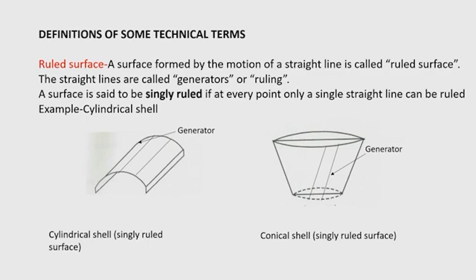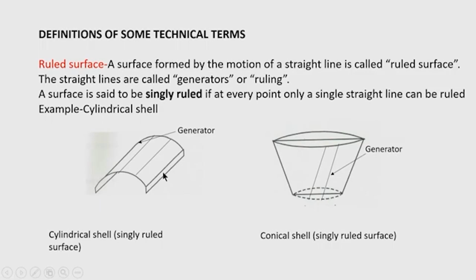First, let us define ruled surface. A surface is formed by the motion of straight lines along a curve. So, this is a curve for example, and this curve is called the directrix, and these straight lines are called generators.